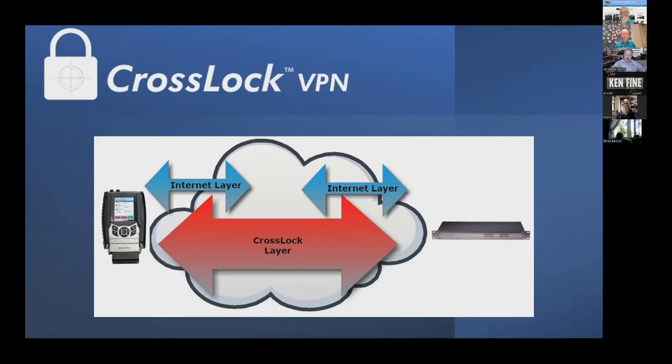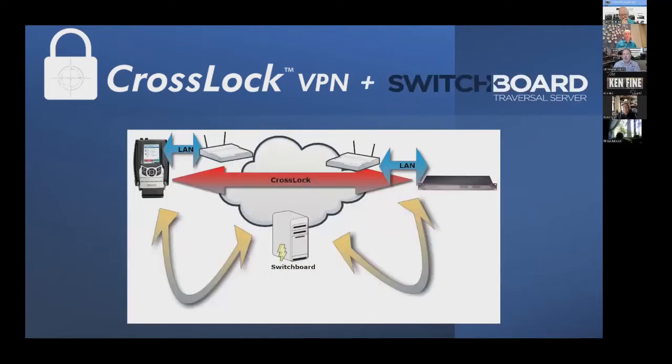So within that Crosslock layer, all the magic happens. And there are many things that are going on in there. Now, Switchboard and Crosslock work together in many cases. Probably the most important way is if you have devices that are connected to Switchboard, they keep status information between all the codecs. And if all the codecs have firmware version 4.0 or higher on them, they will automatically make a Crosslock connection between the devices.